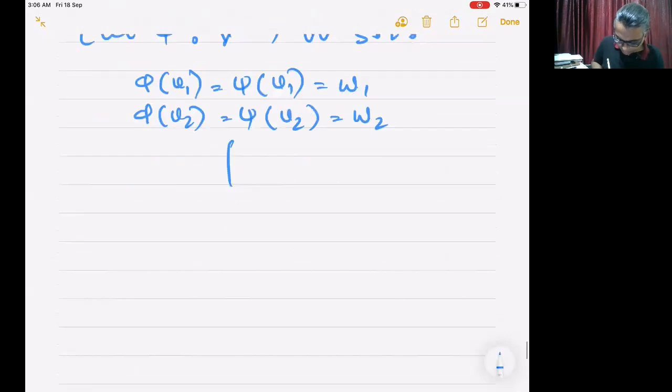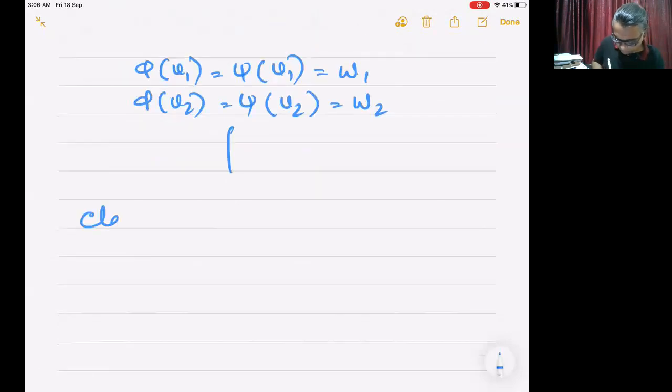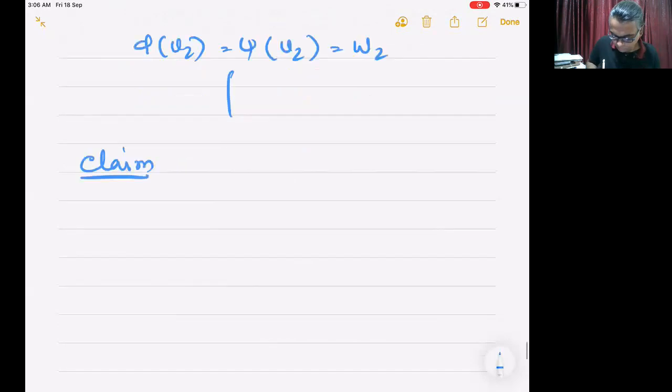The claim is that if phi and psi are like this, that is, they match on the basis vectors, then phi and psi should match everywhere. Claim is phi v must then be equal to psi v for all v in V.